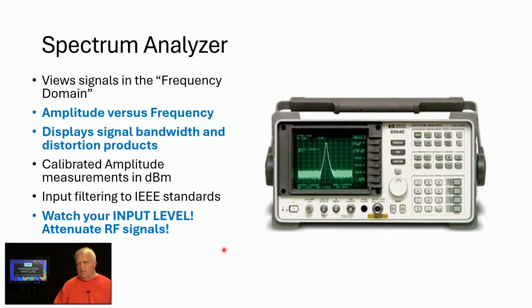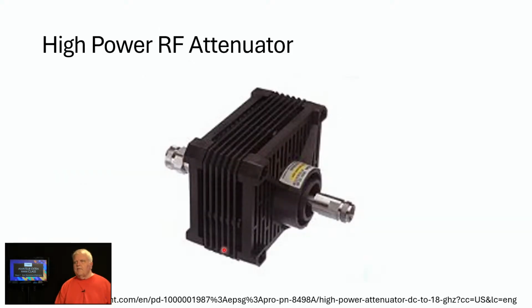You can't run a transmitter directly into a spectrum analyzer. What you have to do is get something like this, which is a high-powered RF attenuator, which will drop the power coming from a transmitter, for example, down to a level that the spectrum analyzer can use, and also then absorb the radio frequency energy here in this dummy load, this test antenna, essentially.